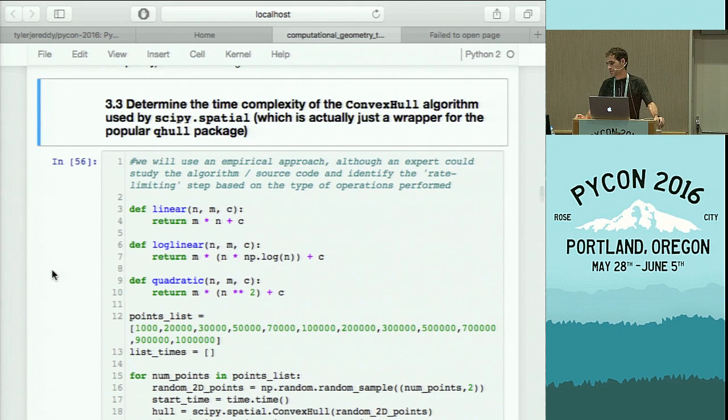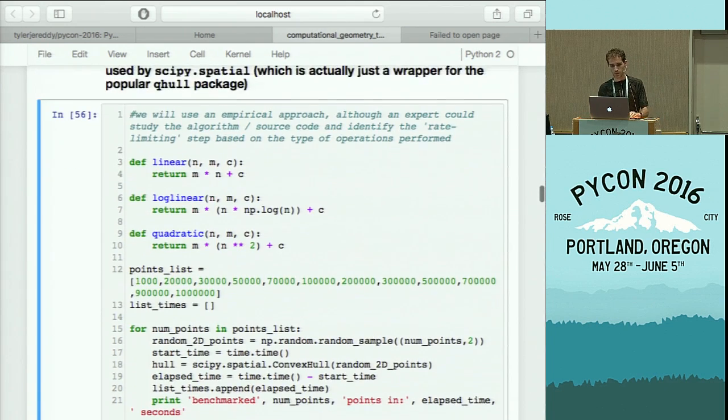So I thought it would make sense, especially in the spirit of an open conference, to see if there are things that we can improve with these tools like SciPy.Spatial.ConvexHull by actually benchmarking their performance. It'll be a crude benchmark, but just to see how well the code runs.